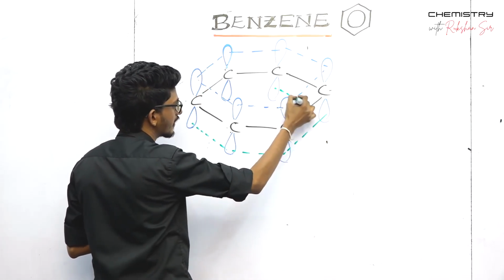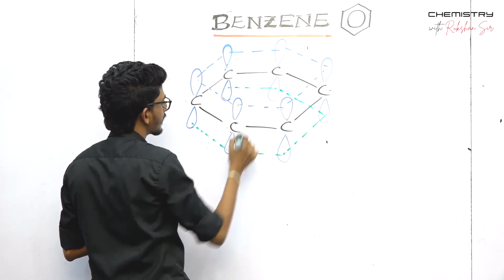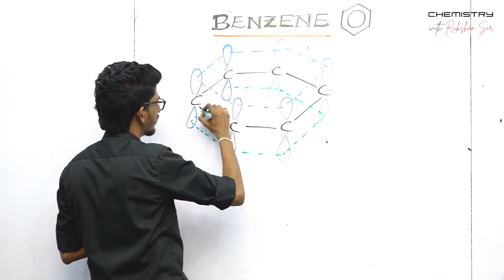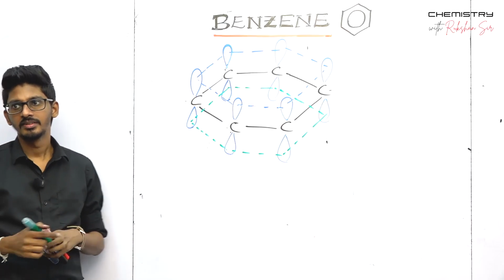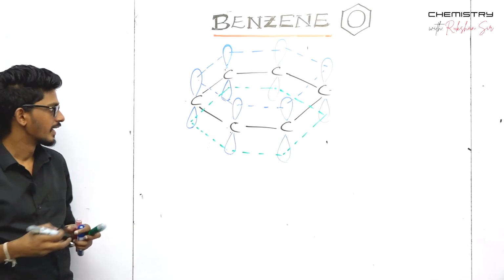So like that, a kind of cyclic delocalized electron cloud appears in benzene.